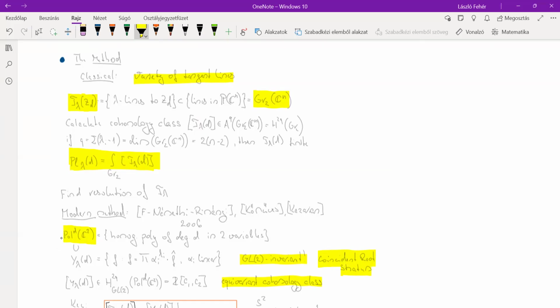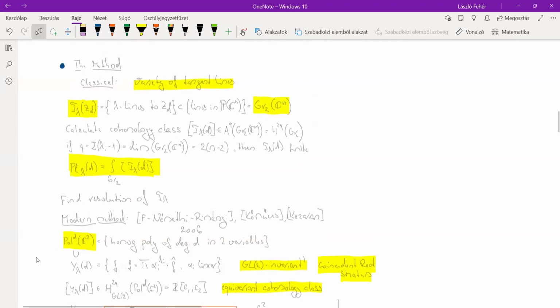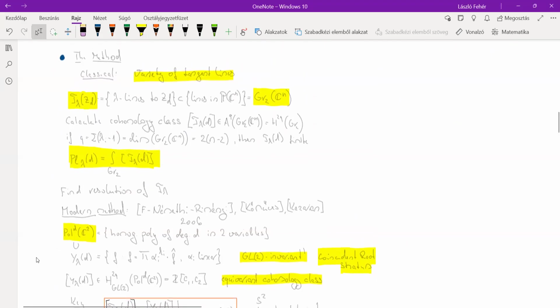Again, let me remind you that all homogeneous polynomials in two variables split into linear terms. So that's why it is not strange to have this specific shape.